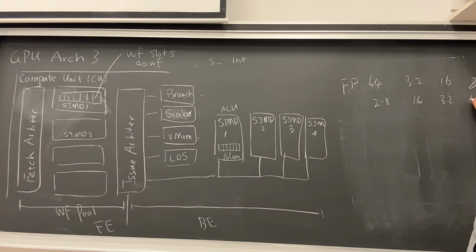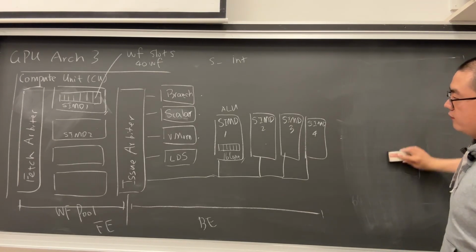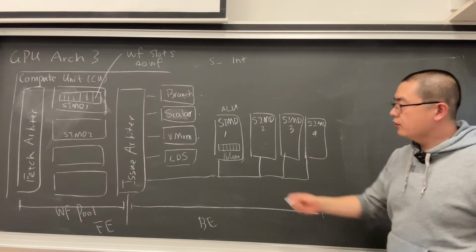FP8 will have 64 lanes. Okay, this is very likely to be the case for modern GPUs. So we double the calculation capability as we go down one level of precision. Okay. So those are the lanes.